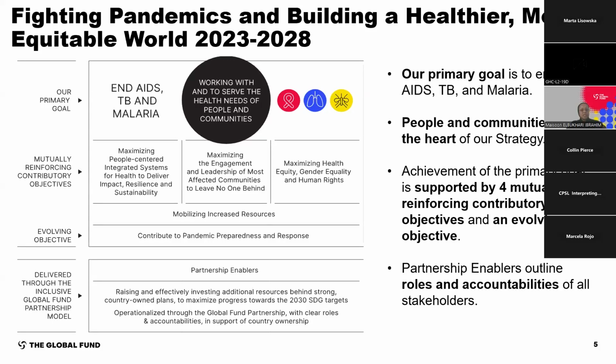This strategy laid the foundation for the investment case that was presented to our donors during the replenishment process. And our donors entrusted us with the responsibility to deliver on this strategy, reflecting their confidence in the partnership's ability to achieve these objectives. And then to ensure coherence and focus, all funding applications must align with the strategic priorities that were set out.